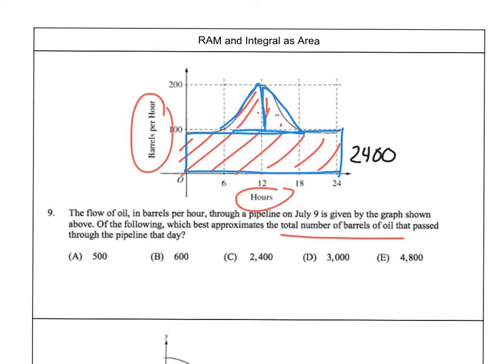And then each of these triangles, if I put them together, that would make a full rectangle going on, and that would be 6 wide and 100 tall, so that would be plus another 600. And that's basically it. So 2400 plus 600 would be 3000.